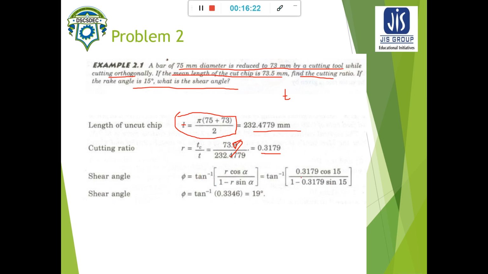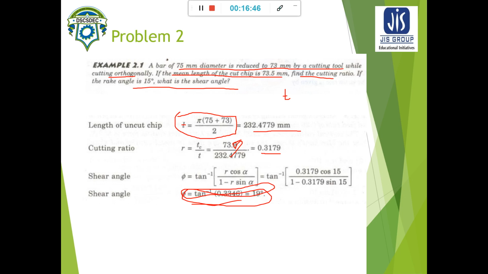If we put the values here, the rake angle alpha is given as 15. So we can say that the shear angle can be found out as 19 degree. So this is our second problem, and this is the answer for the second problem.